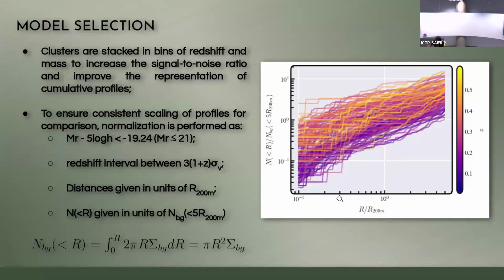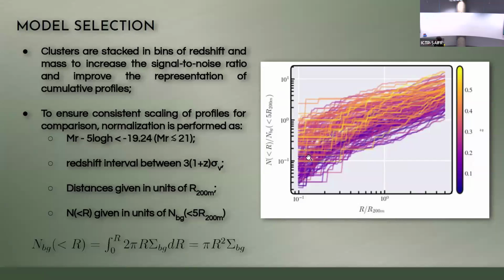So I normalize the radial distance from the center by R200. In each process I also cut in magnitude at 19.24, which is roughly 21 at our redshift. I also took an interval of 3 sigma, where sigma is the cluster's redshift dispersion.